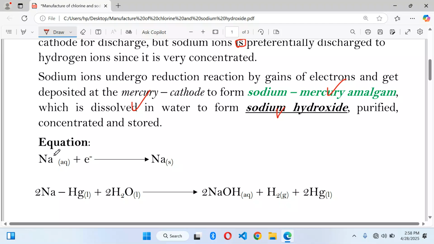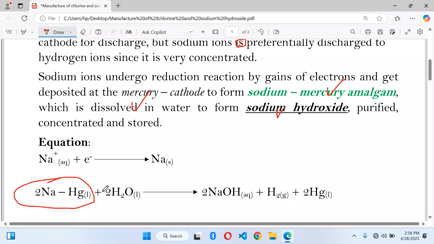So the sodium ion is discharged to form sodium metal, and then you recall because it is deposited at the cathode, which is made of mercury, it forms what we call mercury amalgam, sodium mercury amalgam.